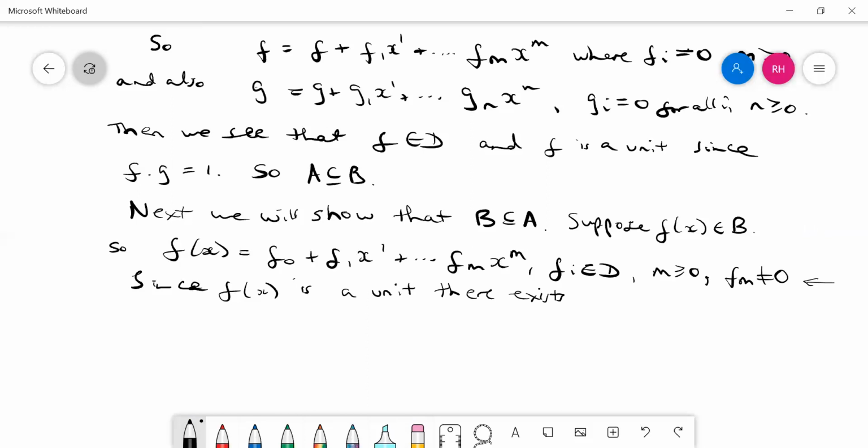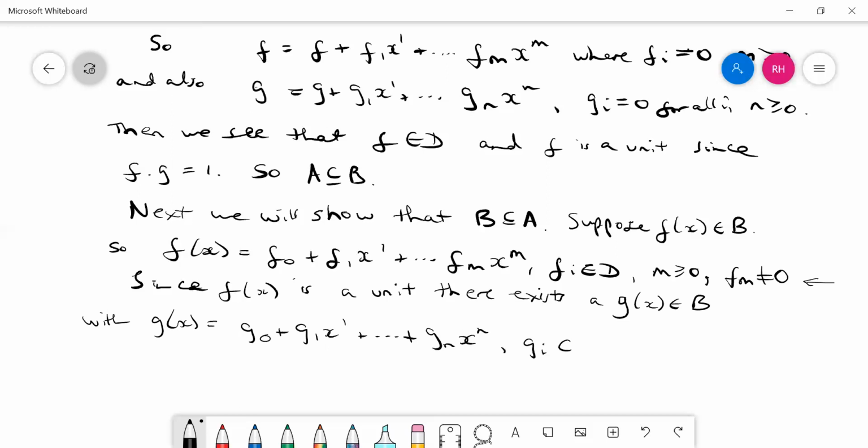Since Fx is a unit, there exists a Gx that's an element of B with Gx equal to G0 plus G1 x to the power 1 plus dot dot dot plus Gn x to the n, where all the coefficients are elements of the integral domain, n is greater than or equal to 0, and Gn is not equal to 0. Once again, G is of degree n.